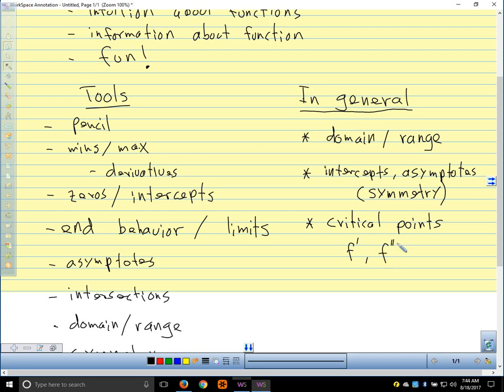We're looking for where F prime, F double prime, are 0 or undefined. And from our critical points, we find whether they're extrema or inflection points. And then we can sketch a decent sketch of the graph if we do these things.